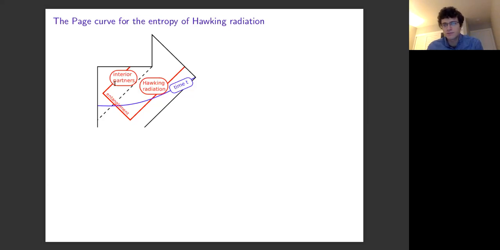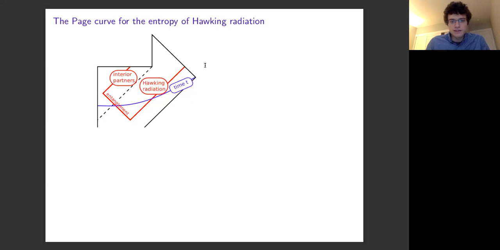This is an approximate picture of Hawking radiation, where it consists of entangled quantum field theory fluctuations on the two sides of the horizon. One of them propagates out to infinity, and the other propagates into the singularity.